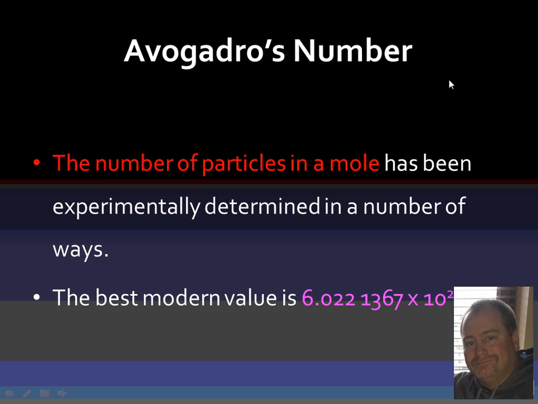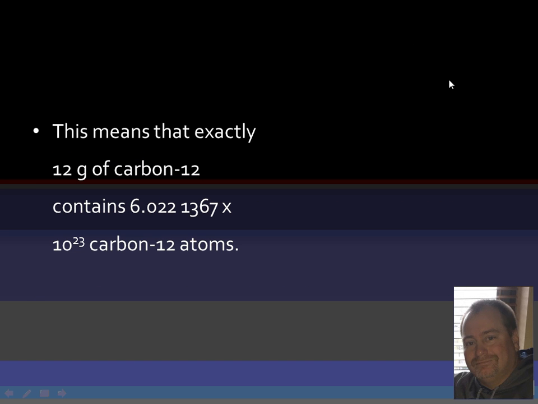Now, is that a big number or a small number? That's a pretty big number. So, it would take that many carbon atoms to make up 1 mole of carbon. If you could hold an atom in your hand, Justin, would you want to count out 6.0221367 times 10 to the 23rd of them? That's a lot of them, isn't it? So this is a very, very big number.